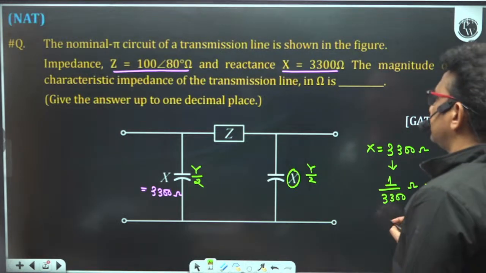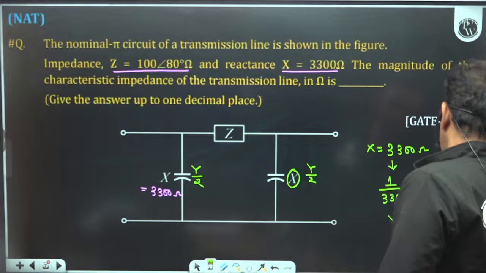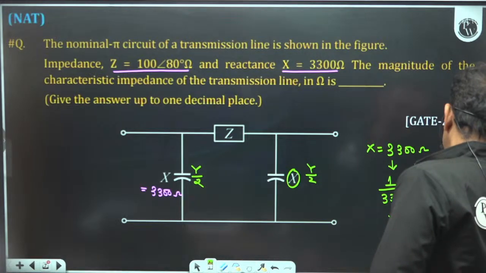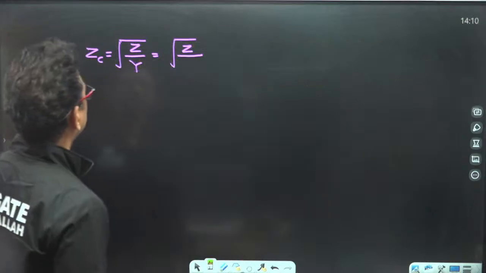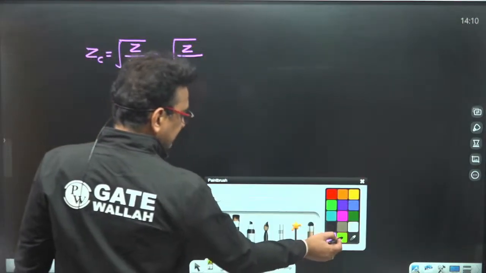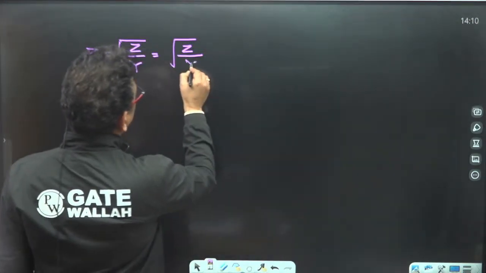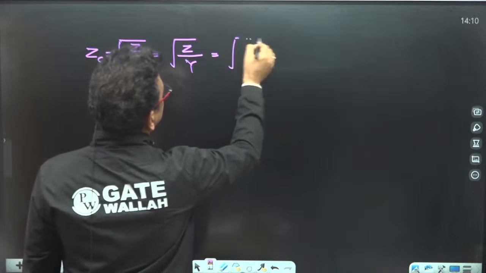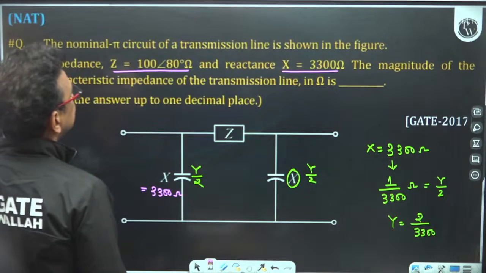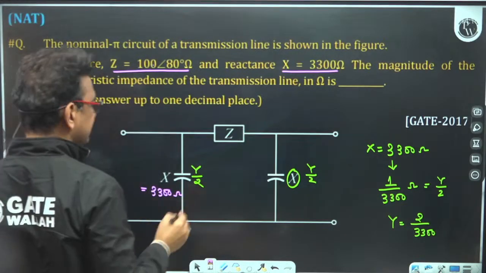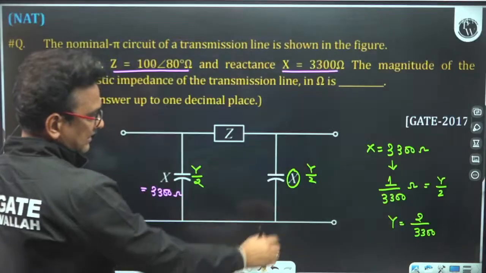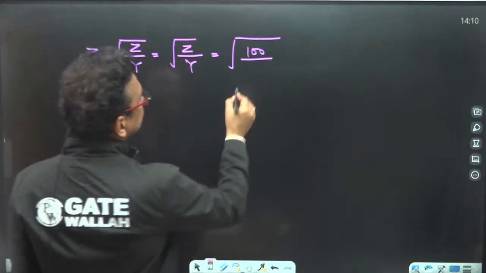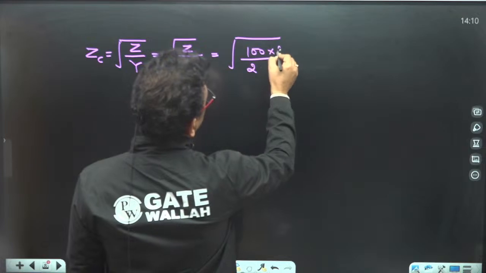So Y is 2 upon 3300. So I got the values of X as well as Z as well as Y. Z is 100 ohm, just take only the magnitude 100, and Y is 2 upon 3300.